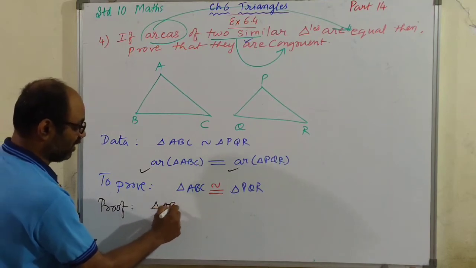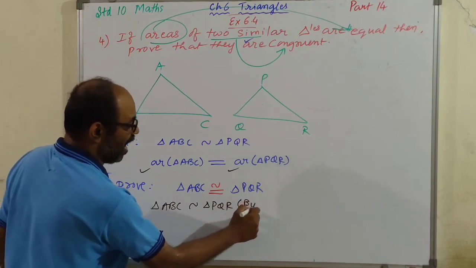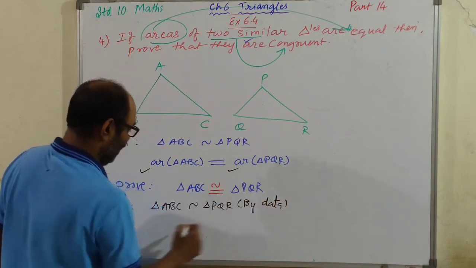Triangle ABC is similar to triangle PQR by data.